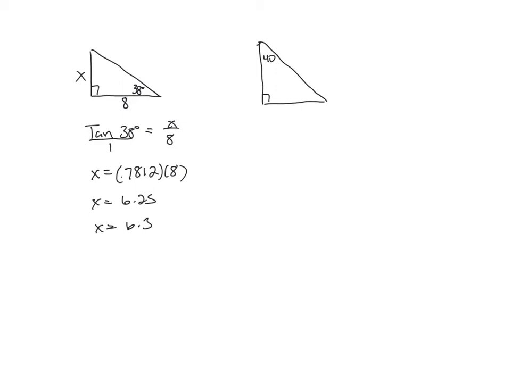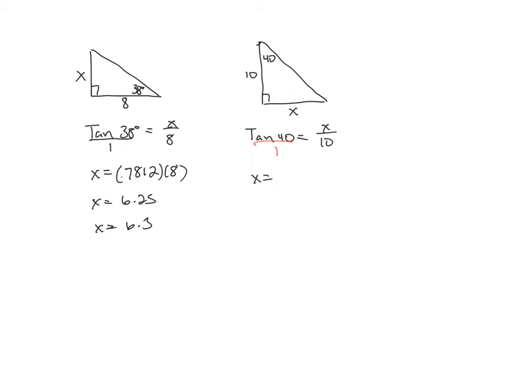It doesn't matter where the side and the angle are. You can start on the top. From the 40, I know the opposite side is x and the adjacent side is 10. So I would write tangent 40 equals x over 10. Then remember it's a proportion. 1 times x is x.